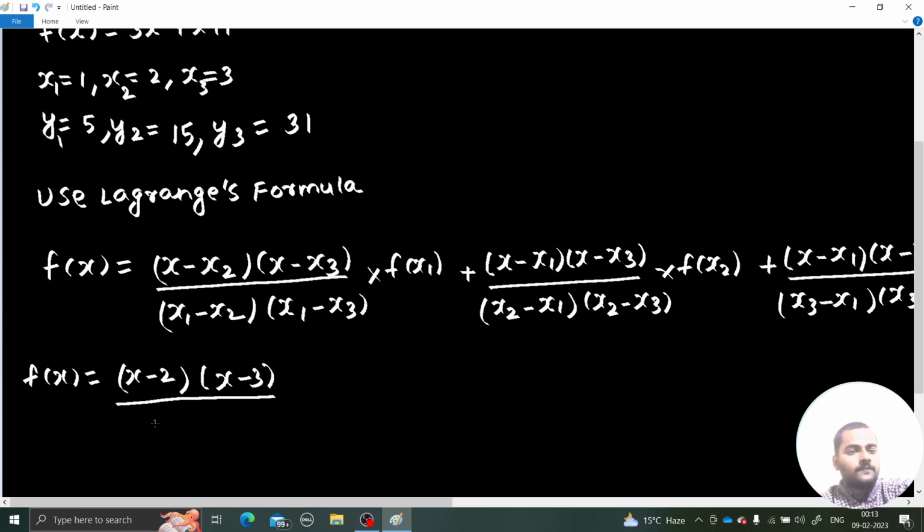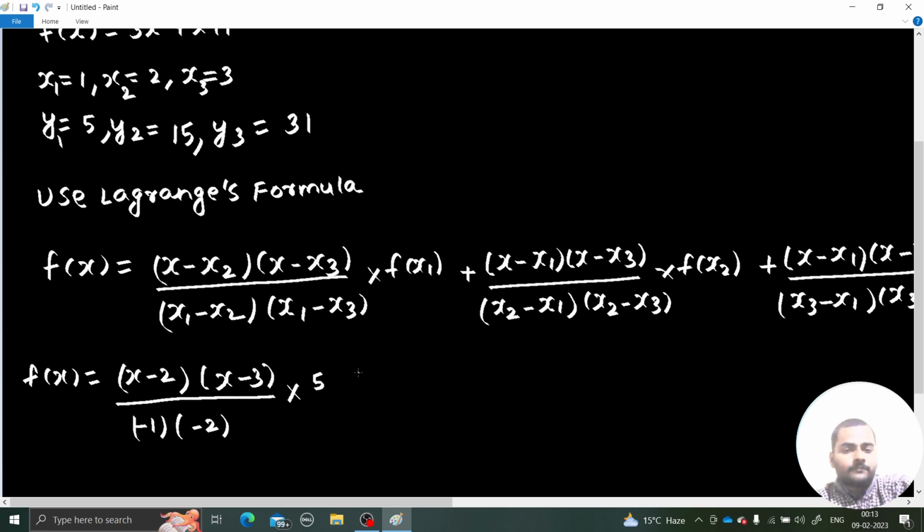What is x1? It is 1, so 1 minus 2 is minus 1. Then x1 minus x3 is 1 minus 3, that is minus 2. What is f of x1? That is y1, which is 5.